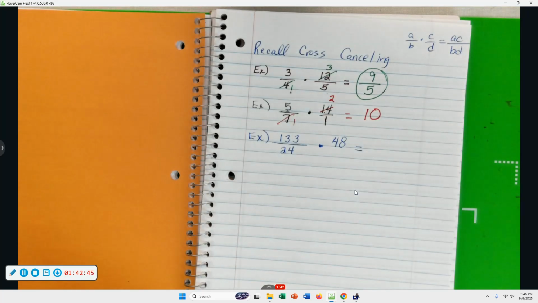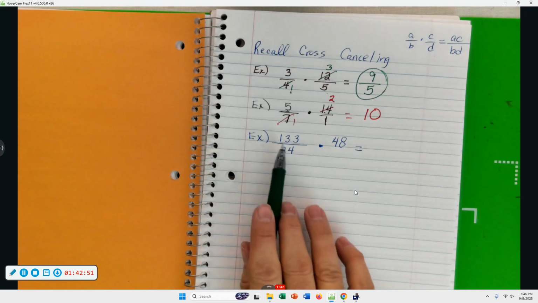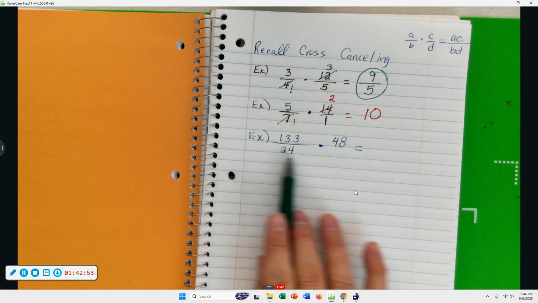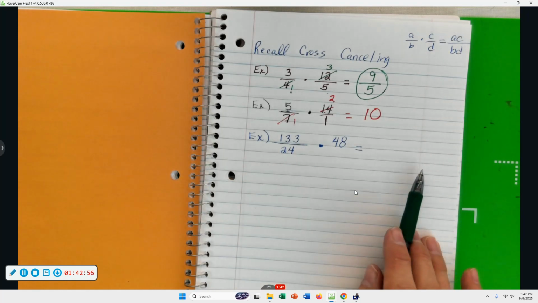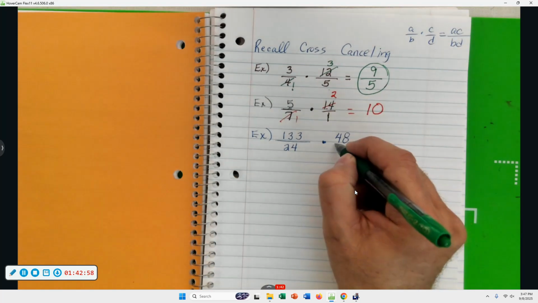So 133 over 24 times 48. Could y'all do cross-canceling on this? I don't think you want to multiply straight across here because those numbers are going to get pretty big. But what about right here?